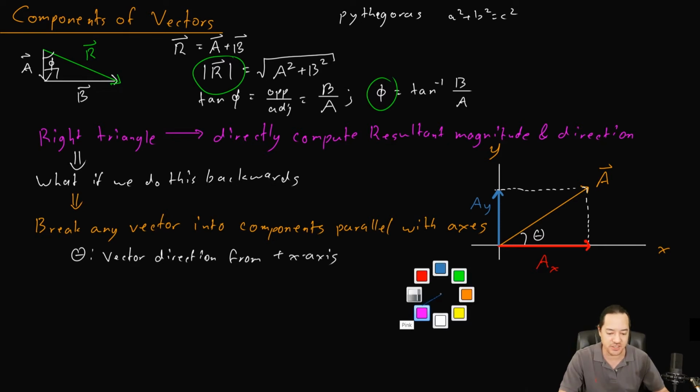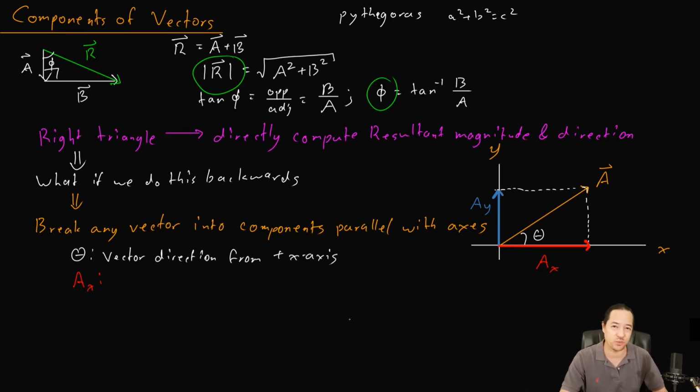Let's look at A sub x first. Okay, so we've got this x component of A. Is there some way that we can calculate how big that is? Yes, there is. We can use trigonometry because this is now a right triangle.